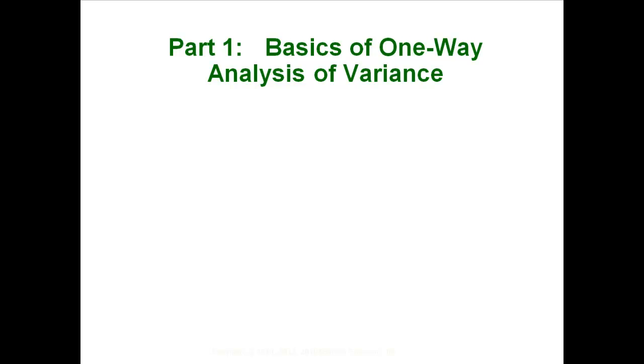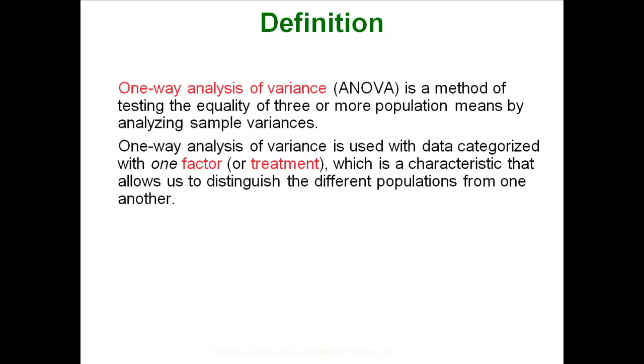So let's look at the basics of a one-way ANOVA. A one-way analysis of variance is testing three or more population means by analyzing sample variances. It is used with data that is categorized with one treatment, one factor, which is a characteristic that allows us to distinguish the different populations from one another.